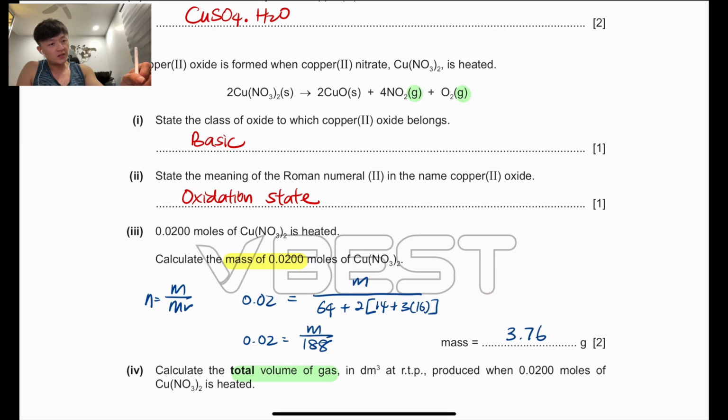Given to you, this is 0.02 mole. So how do we know the number of moles of nitrogen dioxide and oxygen gas produced? Remember, compare the mole ratio. What's the ratio? 2 to 4 to 1. If this is 0.02 mole, the moles of NO2 would be 0.04 mole. Ratio 2 to 1, so O2 will be 0.01 mole.